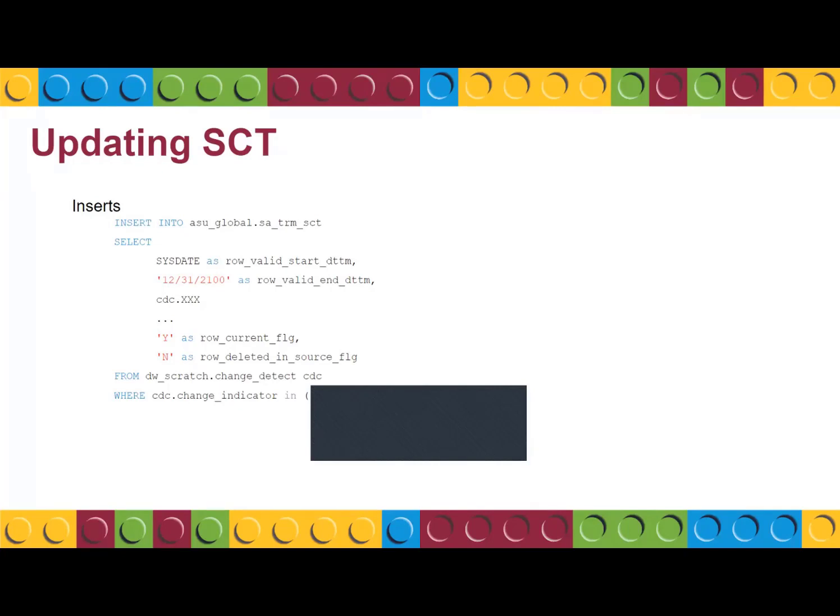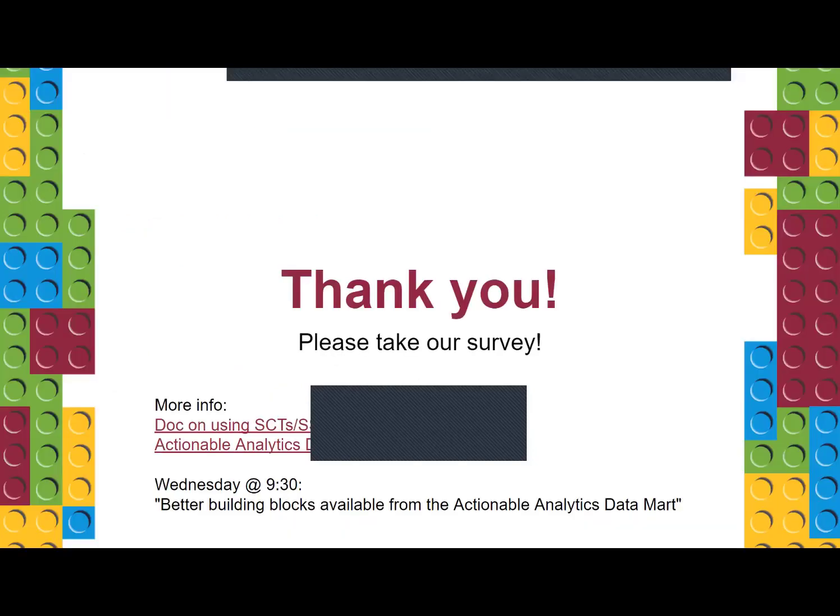You're processing all your attributes from your current input data sets, and then row current flag is yes, row deleted in source is no. The end. Speed run. It'll make sense once you go play with it if you want to.